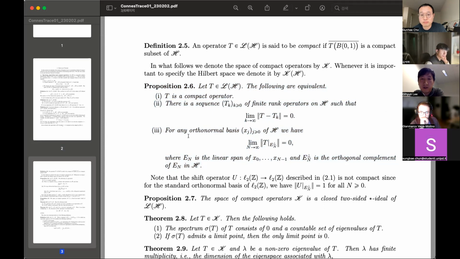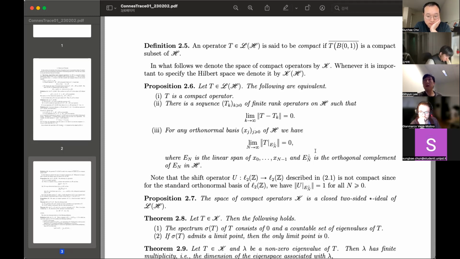It is also equivalent to say that for any orthonormal basis of H, if En is the linear span of the first n vectors of this orthonormal basis, and if En perp is the orthogonal complement of En in H, so this is an infinite dimensional subspace of H, and if we take the restriction of T on this infinite dimensional subspace and take the operator norm of this and take the limit as n goes to infinity, then it converges to 0.